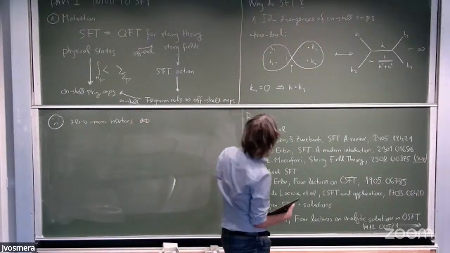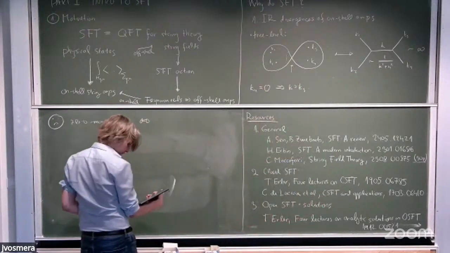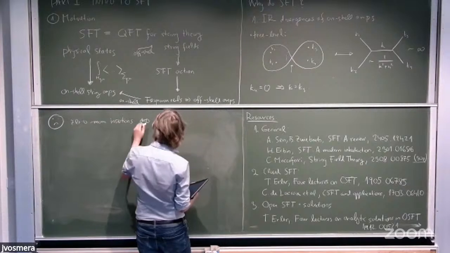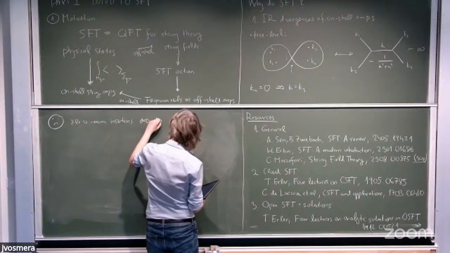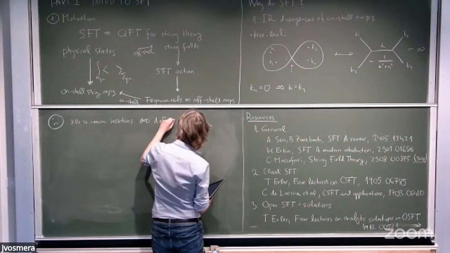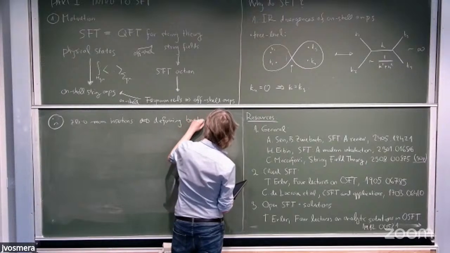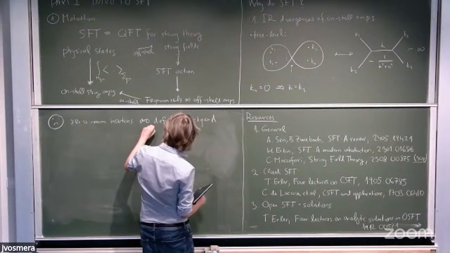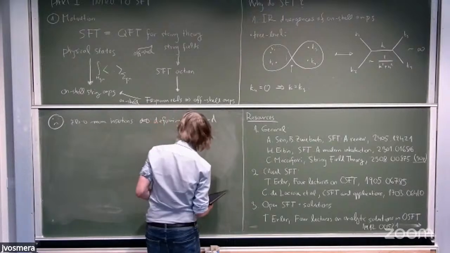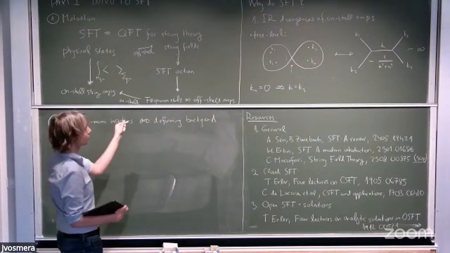In this case, it would be a 3-point amplitude, but on a background which is deformed by inserting a 0 momentum marginal state. And then, of course, we expect to obtain a finite answer. So this is not good, right?